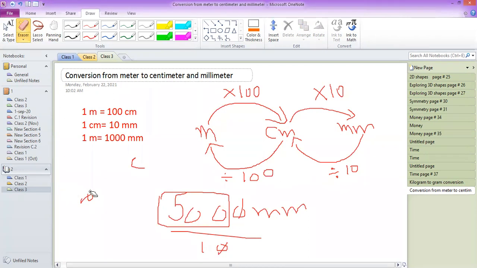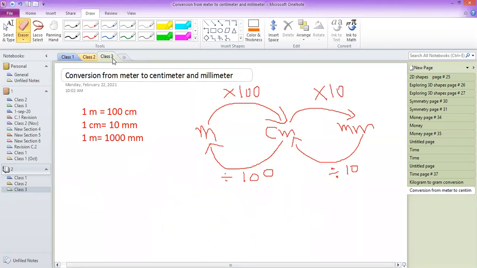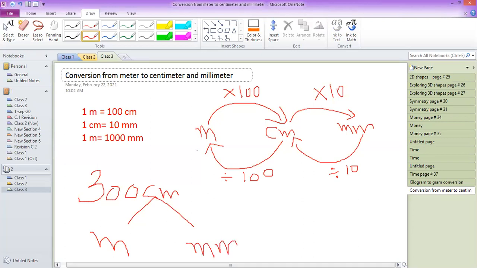And guys, I need to tell you one more thing. Let's suppose I give you the value in centimeter, 300 centimeter, and I ask you to find out the meter and the millimeter. Again, I am repeating, I am asking, convert this value into meter and millimeter as well. This is centimeter.